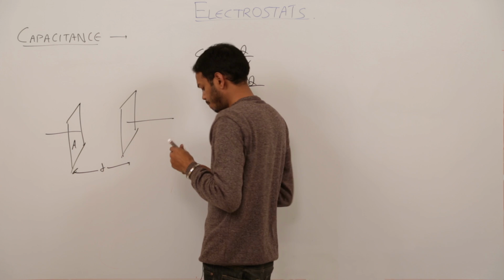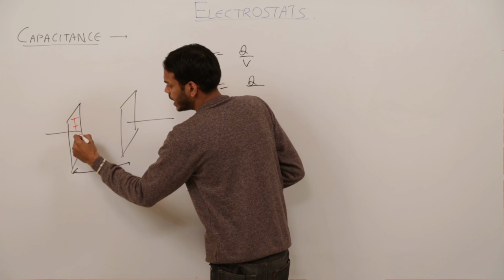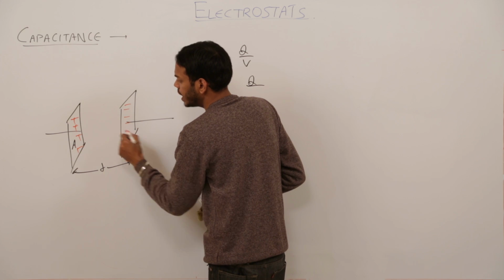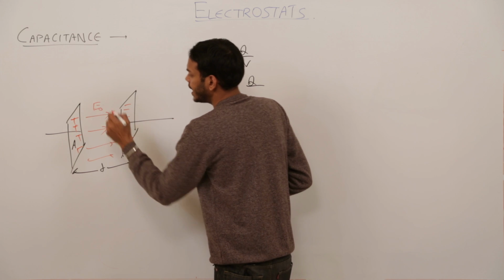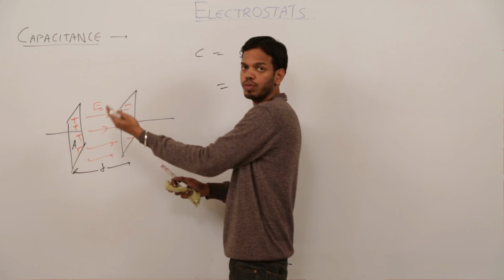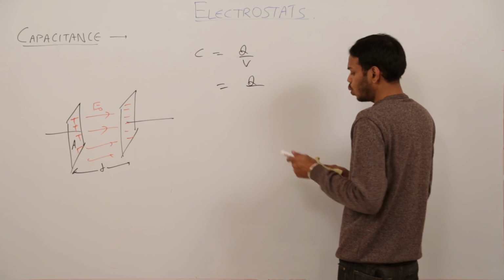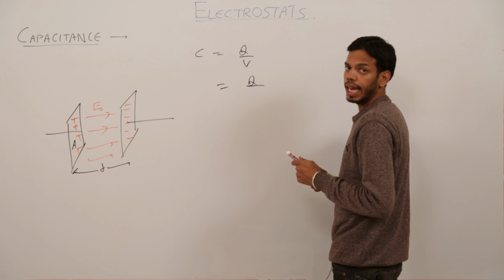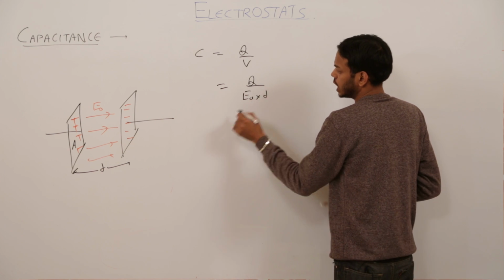If this is the positive charge plate and this is the negatively charged plate, there must be some electric field between them, E naught in the medium. The medium is right now air, space, vacuum, so that's why I've taken E naught instead of E. So the potential is electric field into distance, so it would be E naught into d.